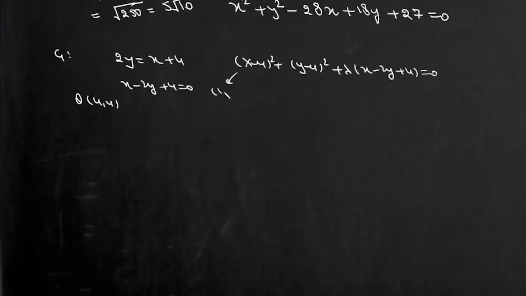It will pass through 1, 0. So this is 9 plus 16 plus lambda times 5 equals 0. So the value of lambda is minus 5.